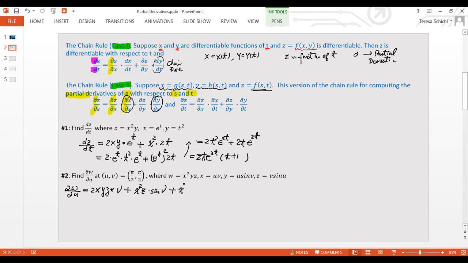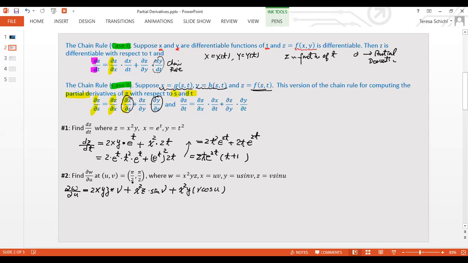So what you have here is x squared y, right? Then you need to do the chain rule for z. So the z here will be v cos u here, right? Because of the derivative of sin u, the cosine u.